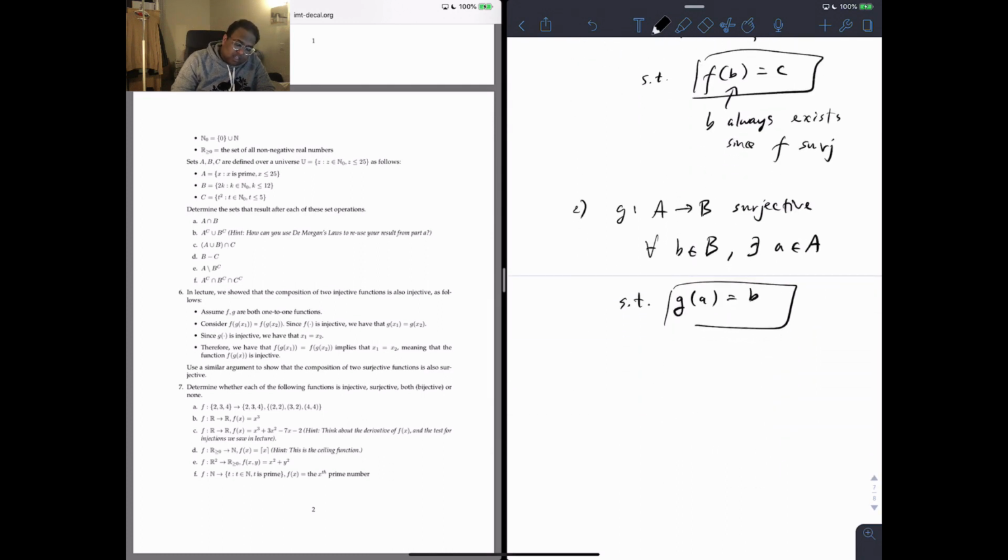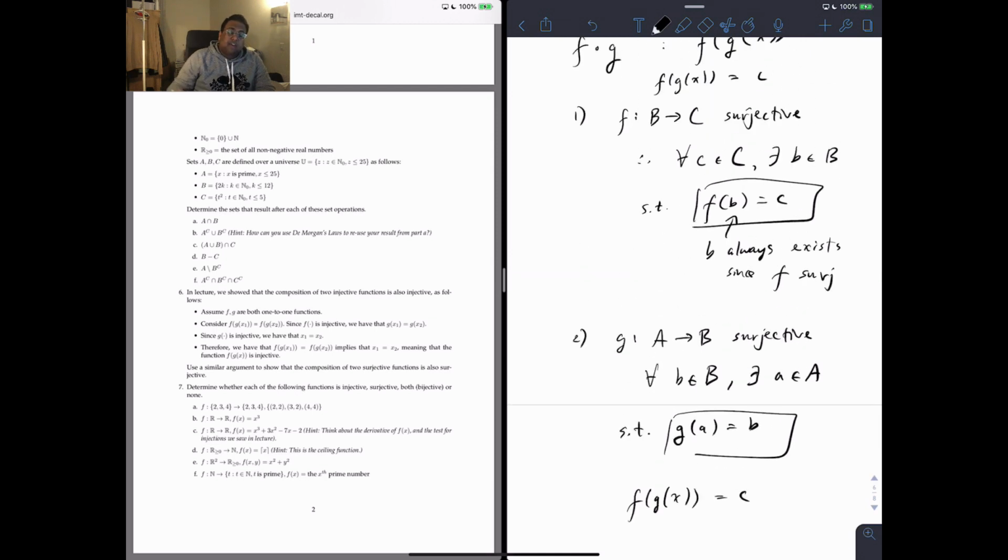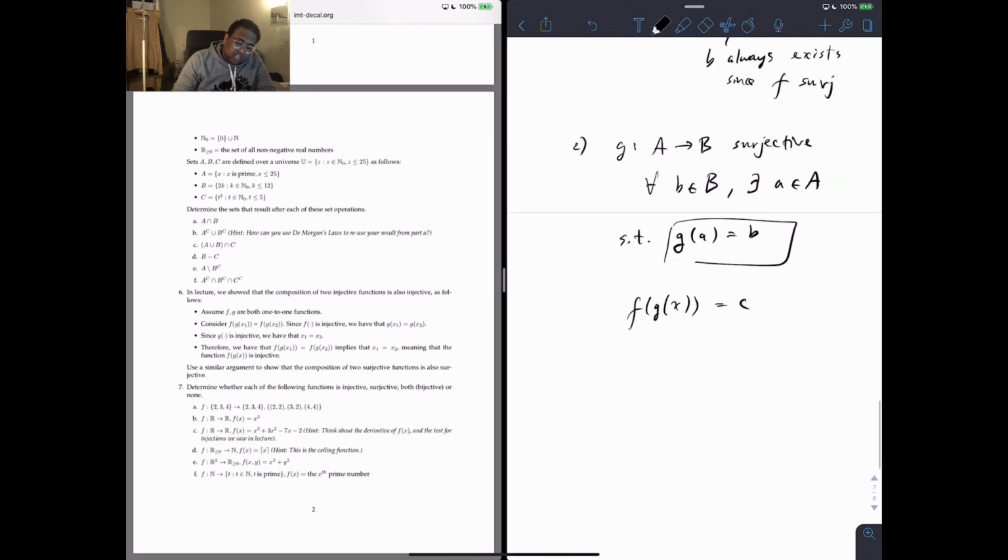suppose I want my output of f of g of x to be c. What we get by combining the fact that f is a surjection and g is a surjection is that if I pass a into this function, i.e. if I evaluate g of a and then call f on that, I'll get my output of c for any c in the set C, i.e. the codomain of f.